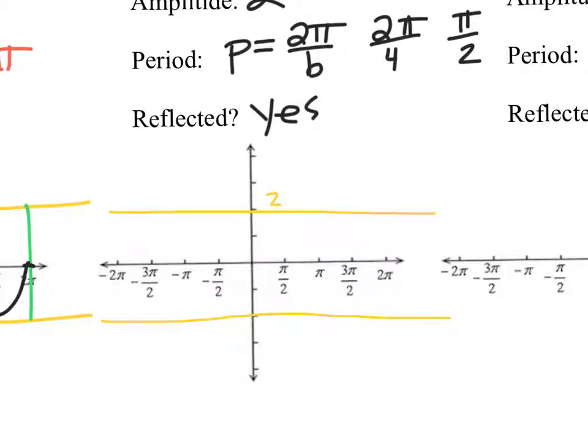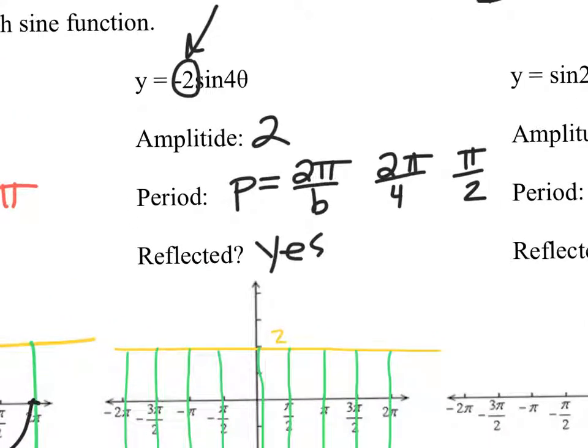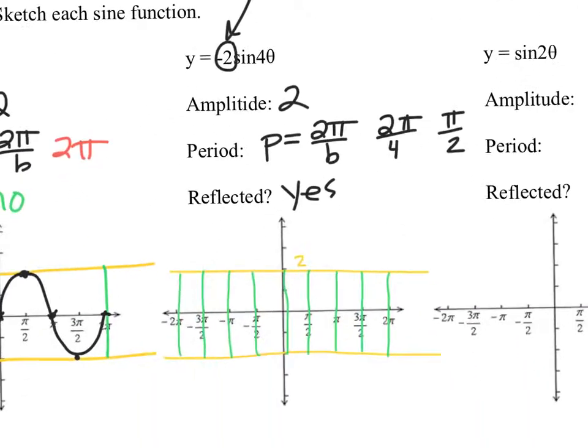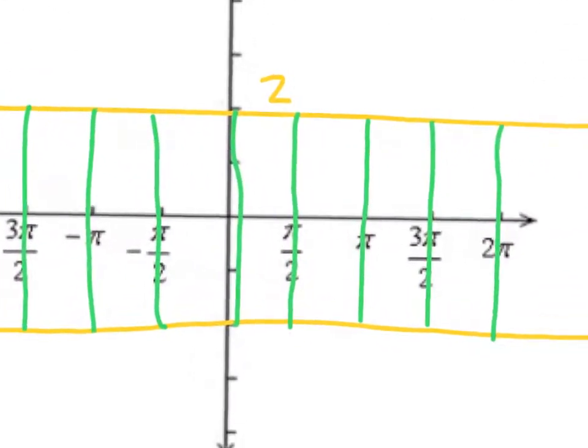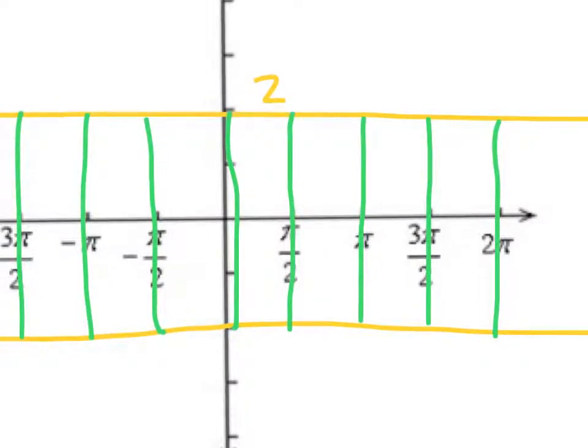And then if my period is pi over 2, I have to do one full cycle between all of these green vertical lines. So that means I have to have a 0, max, 0, min, 0 in this. So what I have to do is remember that this one had a negative, and it's been reflected. So instead of going 0, max, 0, min, I have to go 0.